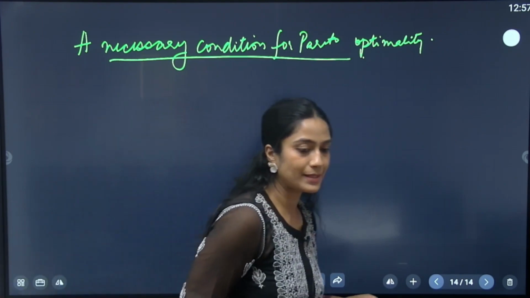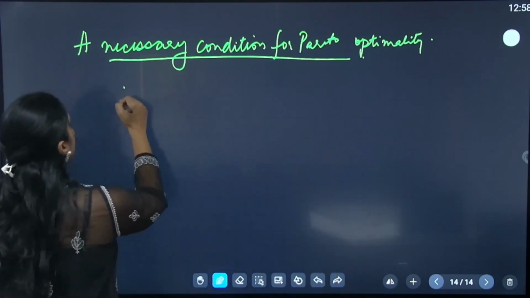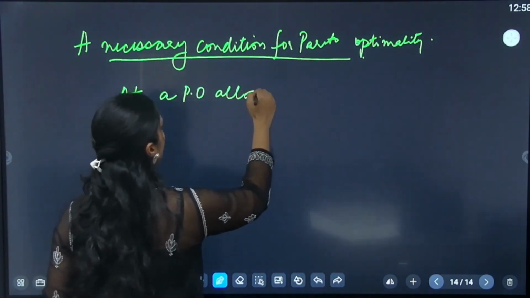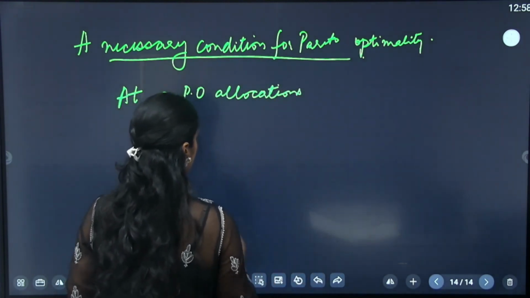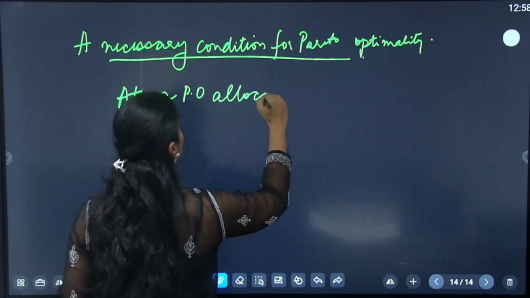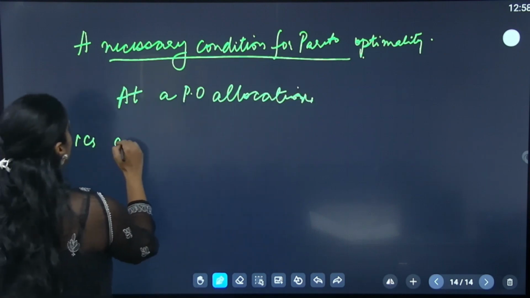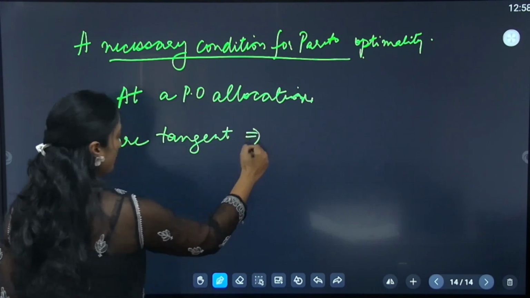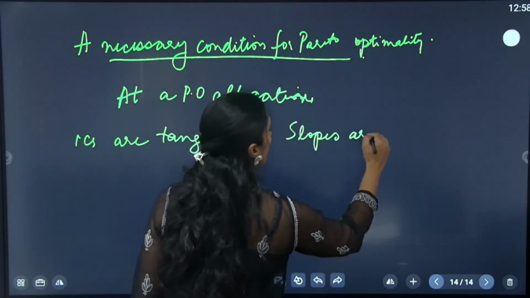It basically means that at a Pareto optimal allocation, ICs are tangent, and tangent means what? That their slopes are equal.